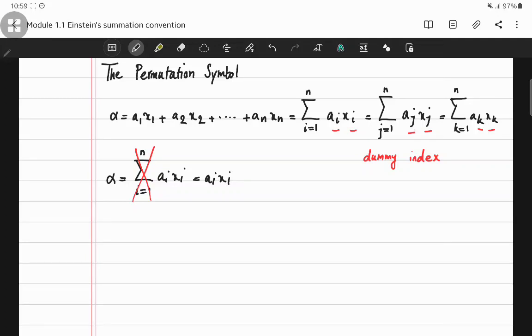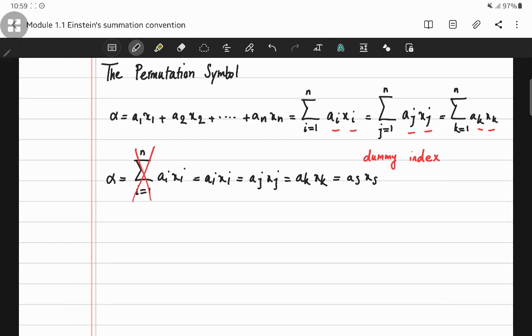We can also do the same for these two terms here. So we can rewrite this as aj xj equal to ak xk, or whatever, for example, as xs.